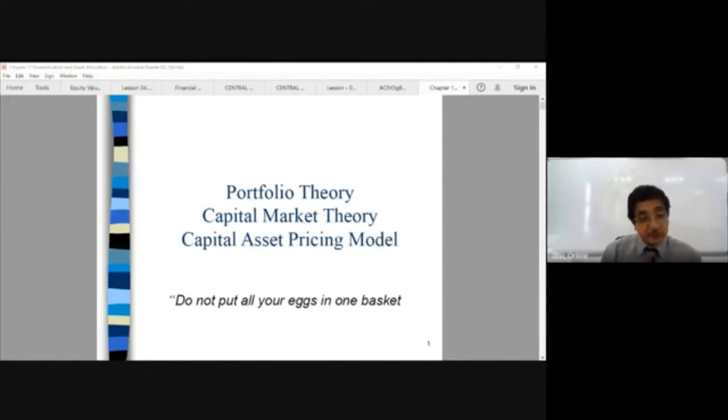And we have realized that with different combinations of weights, we can have an infinite number of portfolios with two assets. Now, when you go into 2, 3, 4, 5, 6, or more assets, the total portfolio's risk and return will depend on each asset's weight in the portfolio.